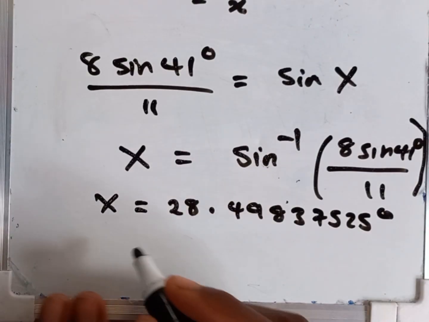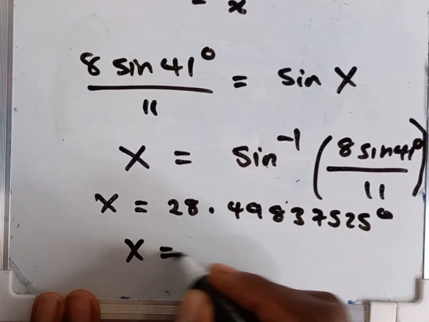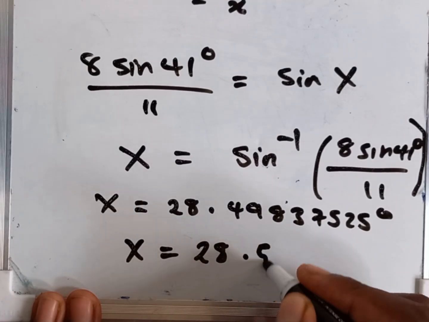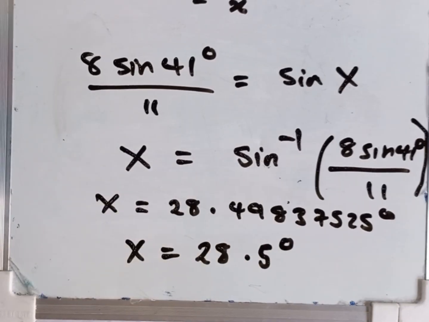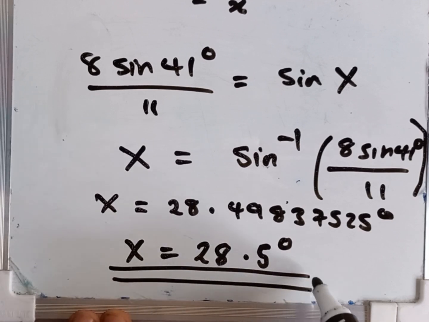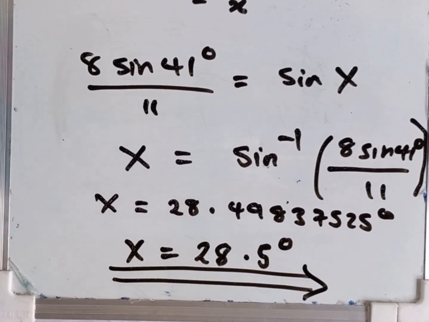I can round it to one decimal place, so x is equal to 28.5 degrees. So this is our value of angle x, 28.5 degrees.